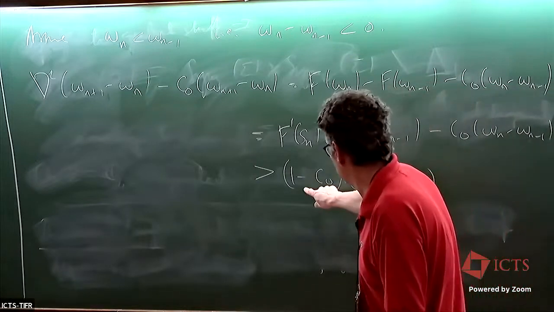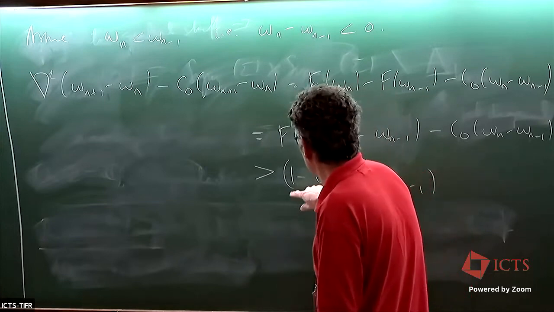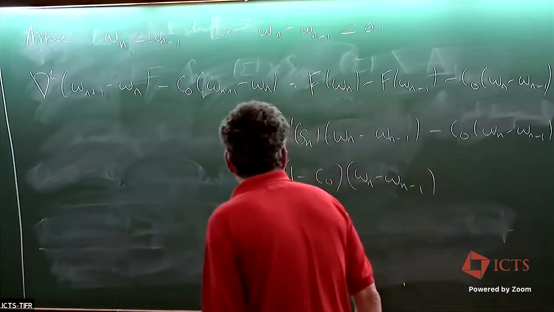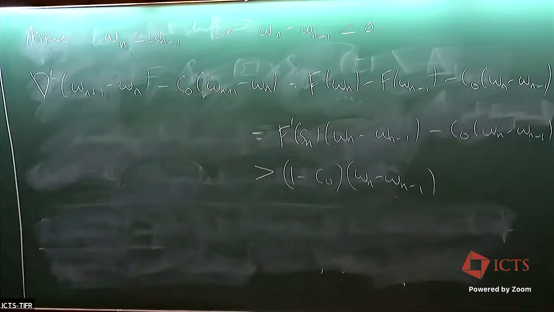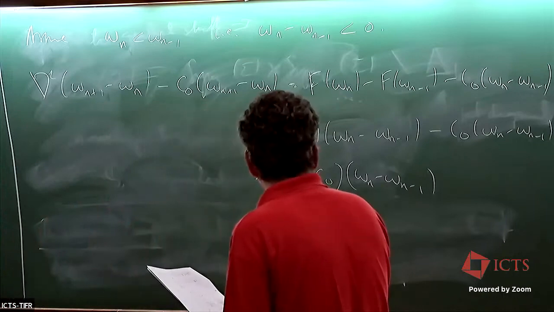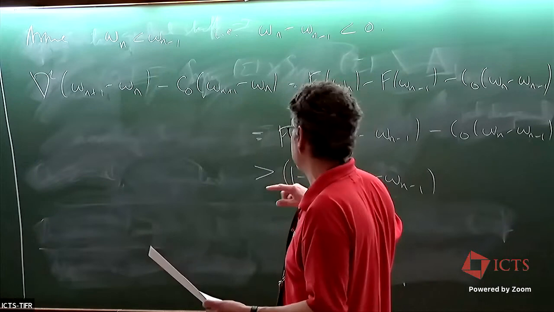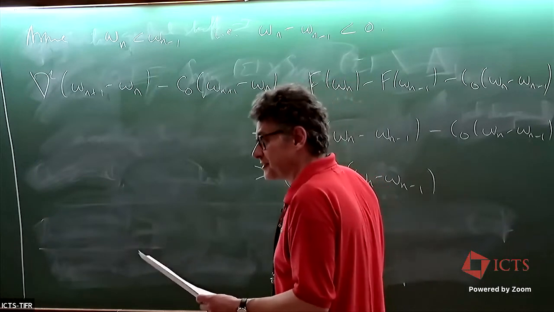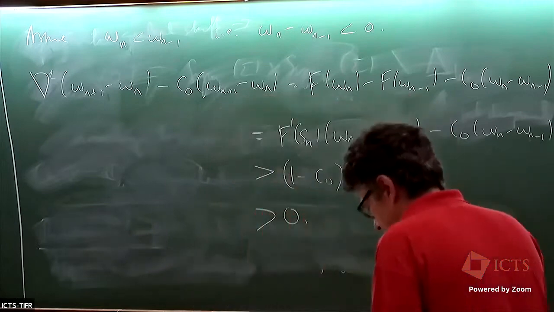So this number here... oh no, this is exactly what you really don't want to happen. Yes. This is negative, and I chose C0 to be bigger than 1. So this is also negative, so the product is positive. Yeah, that was a scary moment.